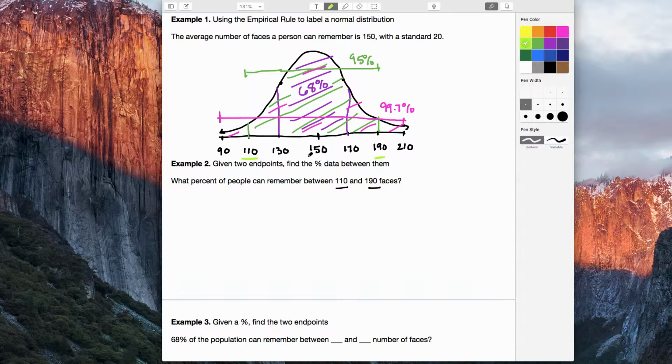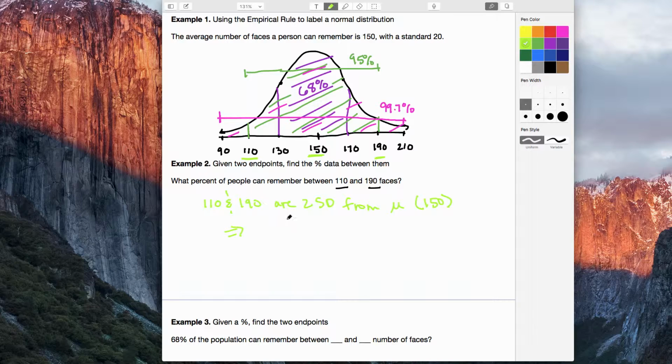The mean is right in the center, and I am 2 tick marks from the mean, so 110 and 190 are 2 standard deviations. I'm abbreviating standard deviation with SD. They are 2 standard deviations from the mean, from mu, 150.